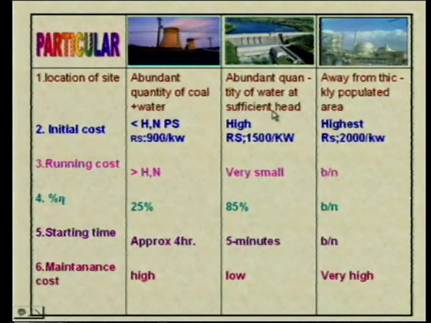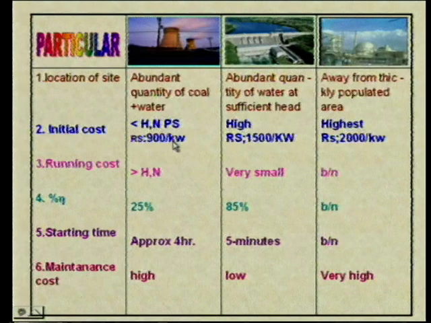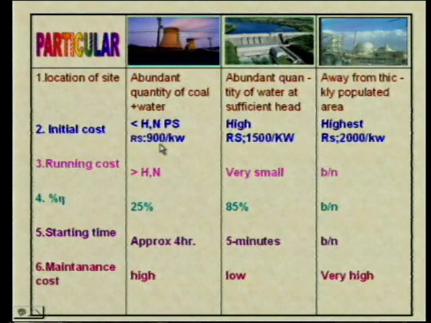It is far from the load center, so we require more transmission, losses and cost are more, and it is away from thickly populated areas. Then the initial cost: 900 rupees per kilowatt. That means, suppose I want to erect a 100 megawatt unit, I have to incur an initial cost of 9 crores for a TPS, 15 crores for an HPS and 20 crores for another, for 1 unit of 100 megawatts.